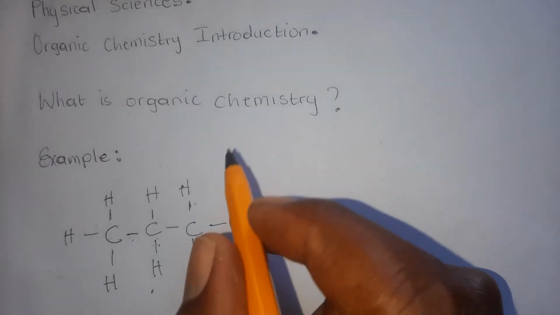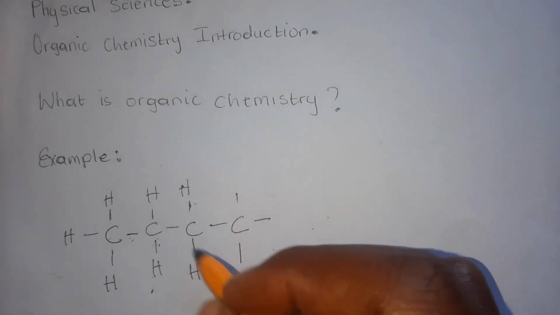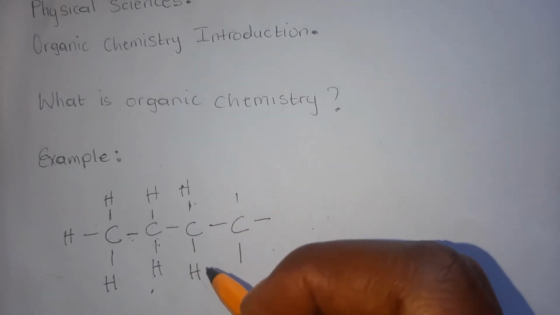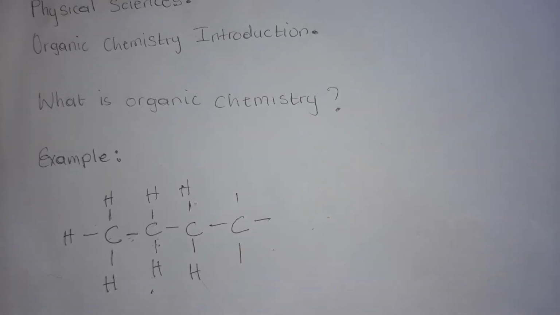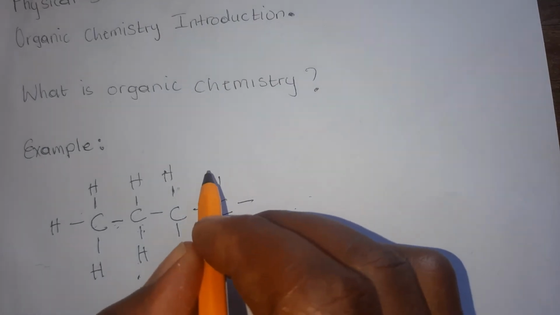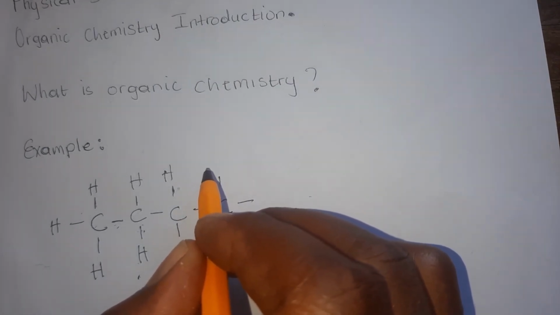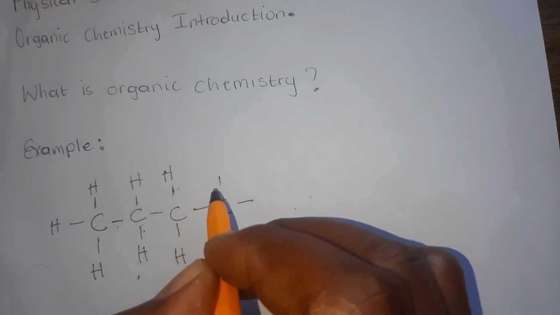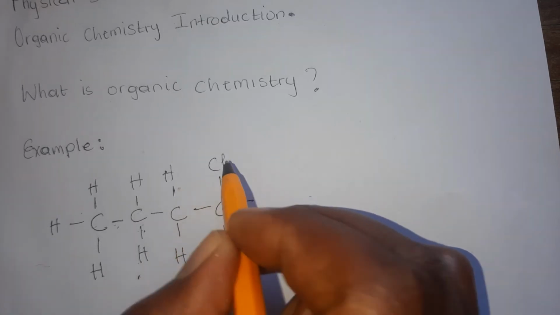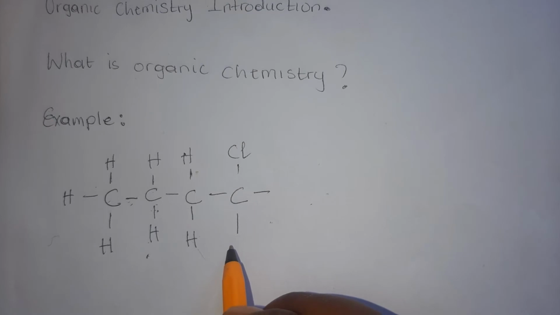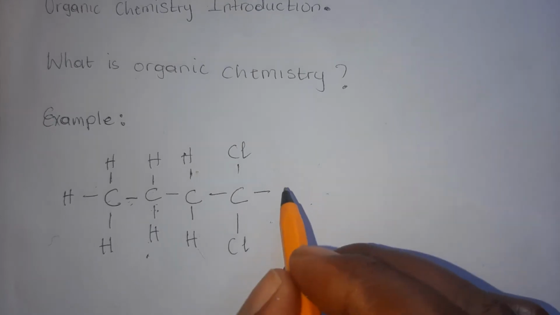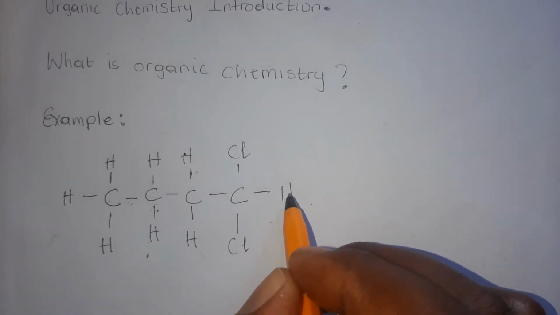So let's finish up drawing our structural molecule. So let's say here we have a halogen. Maybe it's a chlorine and here maybe a hydrogen.